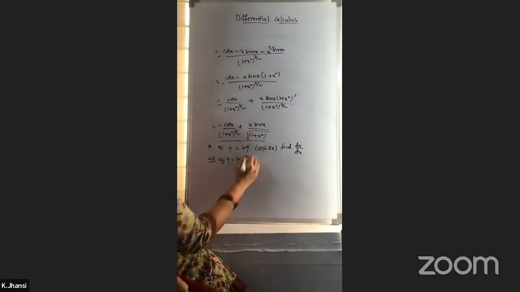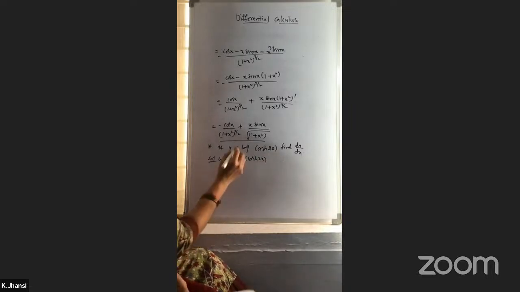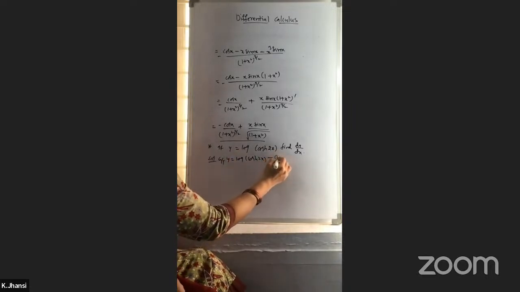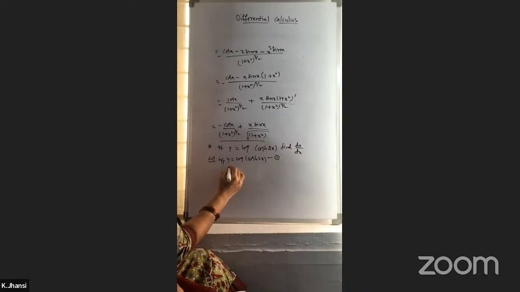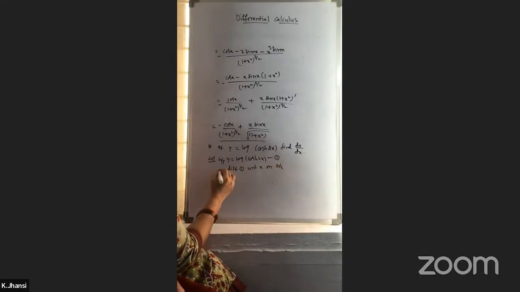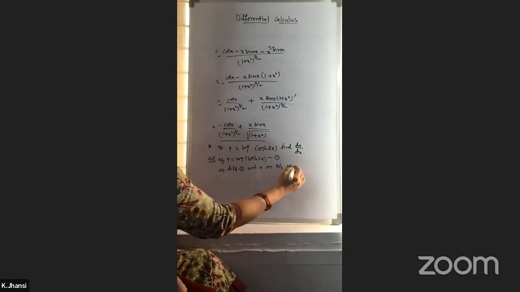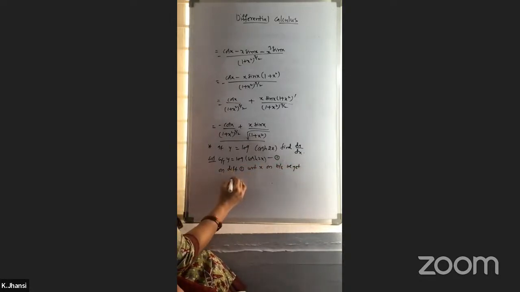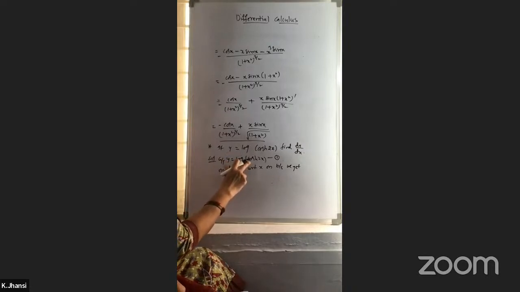Okay, given that y equals log of cos h 2x. Okay. So you can take this as 1 and write here, differentiating 1 with respect to x on both sides, we get dy by dx equals to, this is in the form of log, whole thing you take as x, log x.